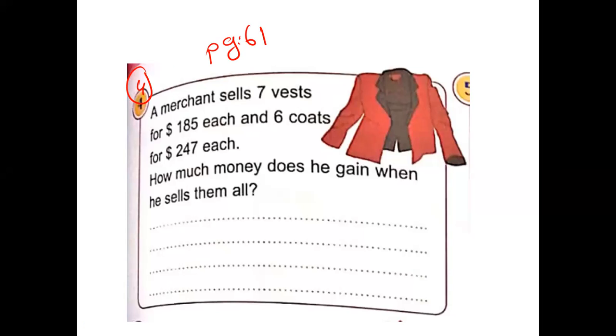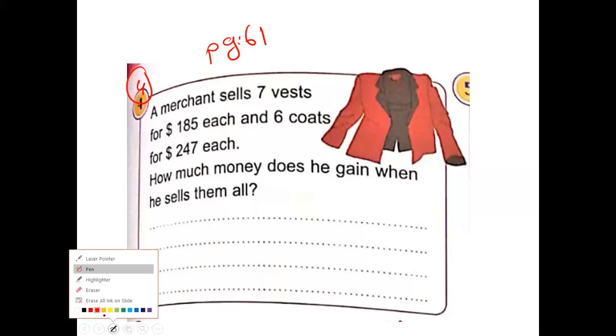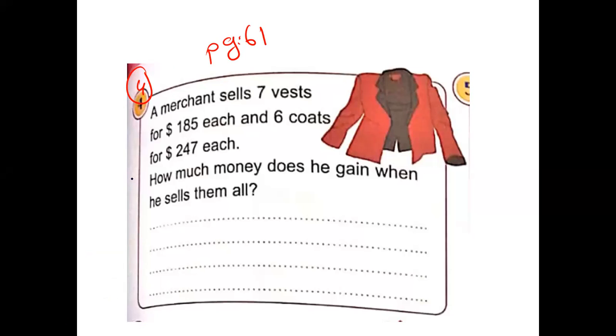In order to solve any problem, let's revise the steps we have to follow. First step, I will read the problem carefully, maybe more than one time, until I understand it. Second step, we should underline the keywords or key numbers that we need to solve this problem.